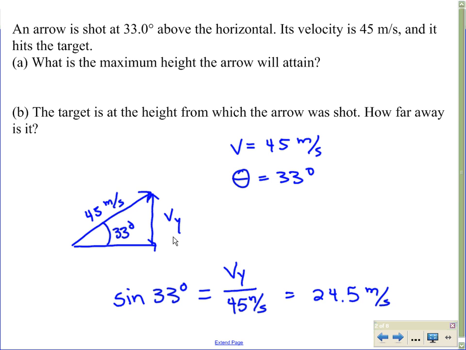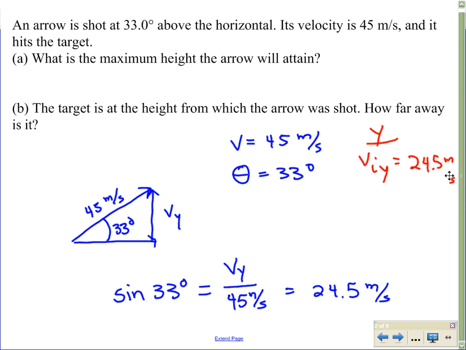So we have Viy, our initial vertical velocity, is 24.5 meters per second. Ay is 9.8, and we'll need to work with that soon.